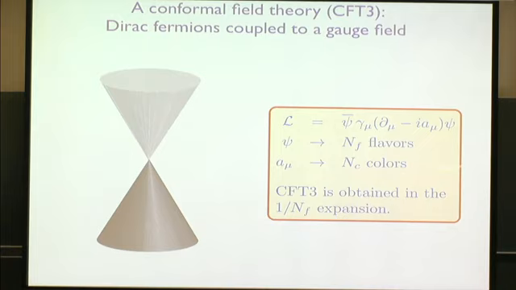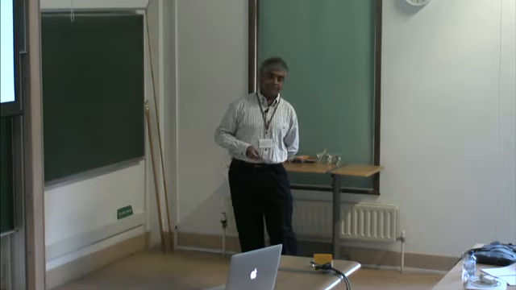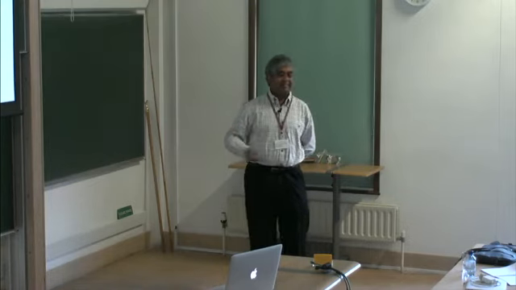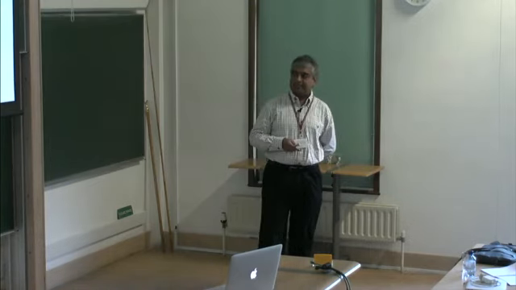This kind of field theory you can analyze quite easily in a 1/N_F expansion. In that expansion, you can add a Maxwell term too, but you can show to all orders in 1/N_F that it's a conformal field theory, and various exponents can all be computed in a systematic manner.